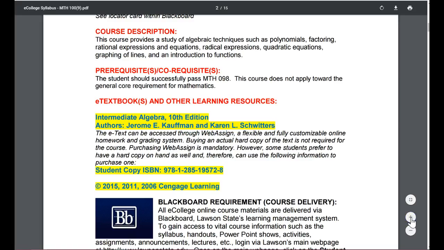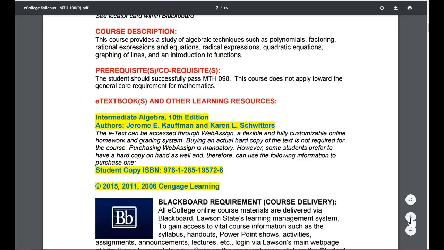Again, no makeup work is allowed in this course. So let's say, for example, the first week, you sort of forgot about the online course. Well, you get zeros for those assignments. You just pick back up on the next week. So no makeup work is allowed.